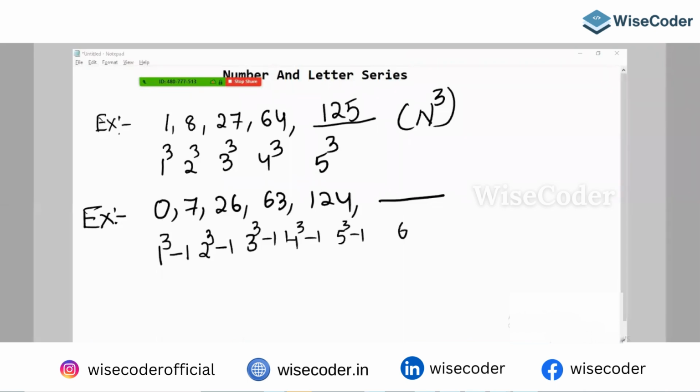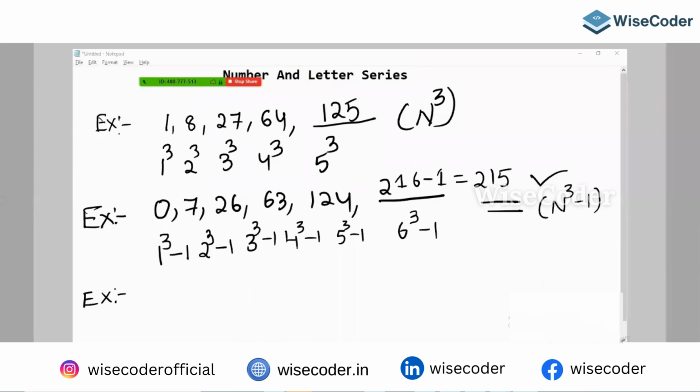So next must be 6 cube minus 1. 6 cube is 216, minus 1, so that's going to be 215. Let's take another example. Everybody got it? So you can say this is n cube minus 1 series.